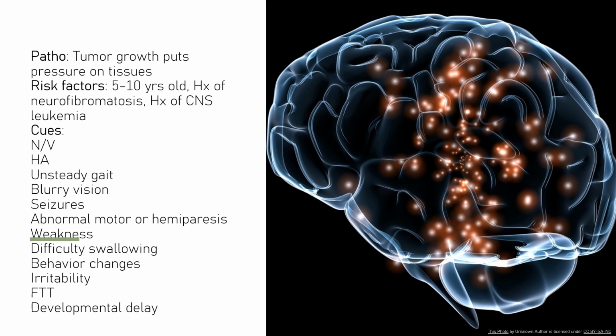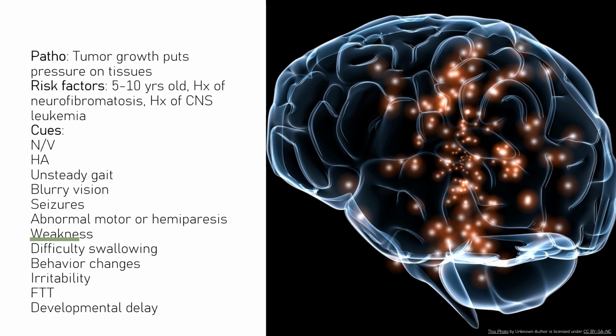As it exerts the pressure on the tissues, then it might start compressing structures that are vital for function. It might block the cerebrospinal fluid. It might cause edema in the brain. It's going to cause increased intracranial pressure. And then we're going to have presenting symptoms that vary according to where the tumor is in the brain and what type of tumor it is.